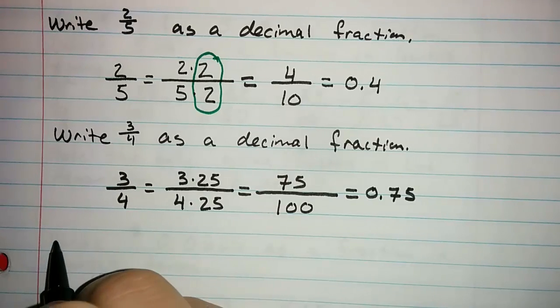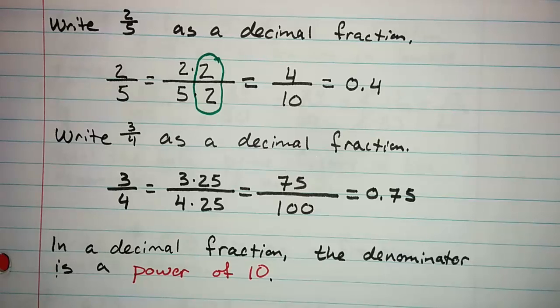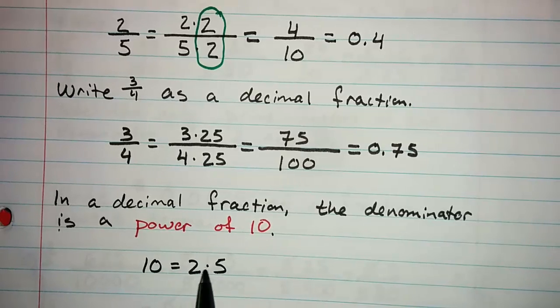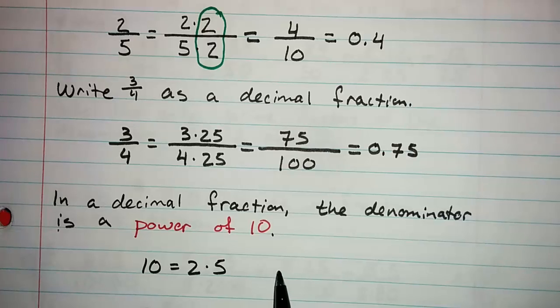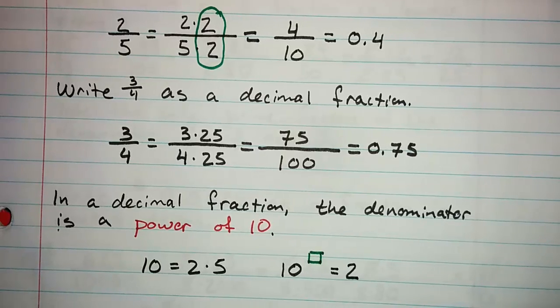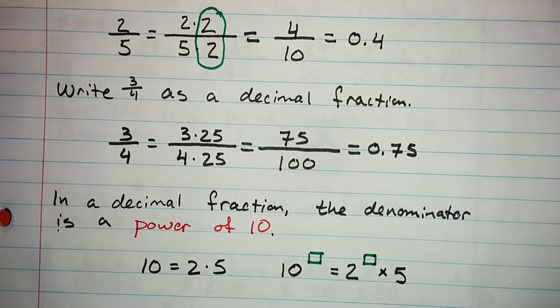Well, remember, in a decimal fraction, the denominator is a power of 10. But 10 is 2 times 5. That means if we take the prime factorization of a power of 10, we'll get 2 appearing as many times as there are zeros, and 5 appearing that same number of times.